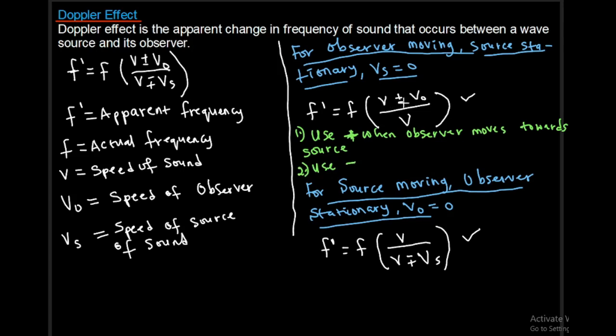And then number two, we use minus when the observer moves away from the source.